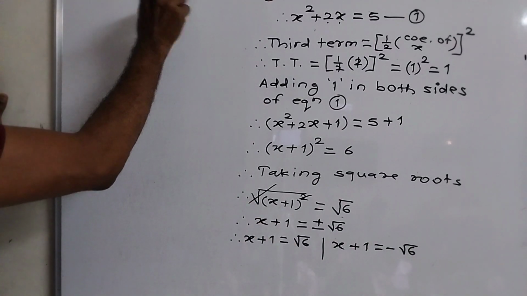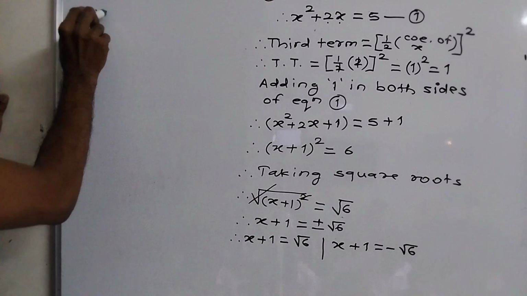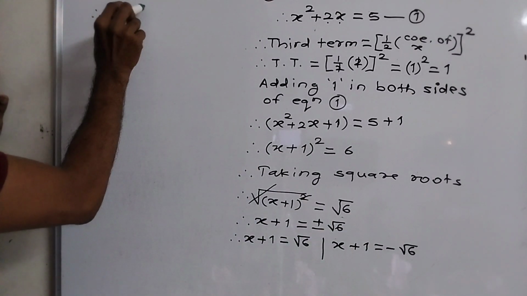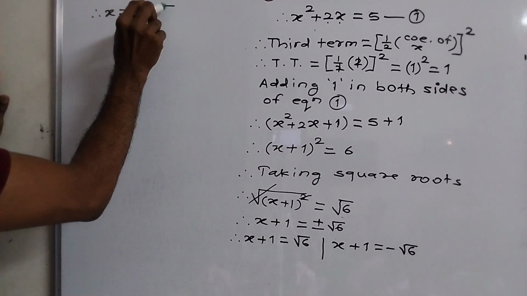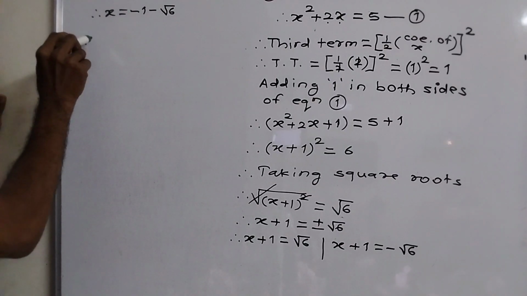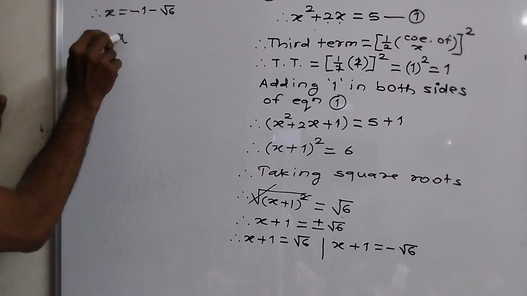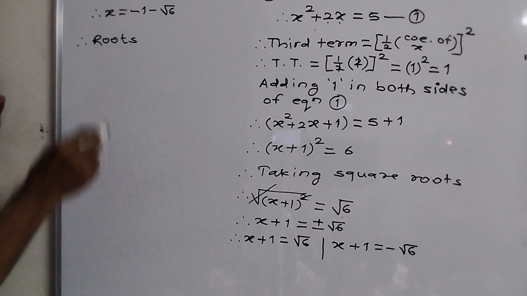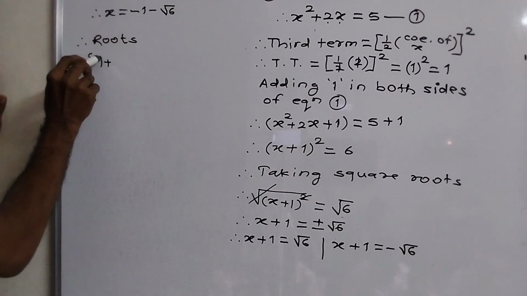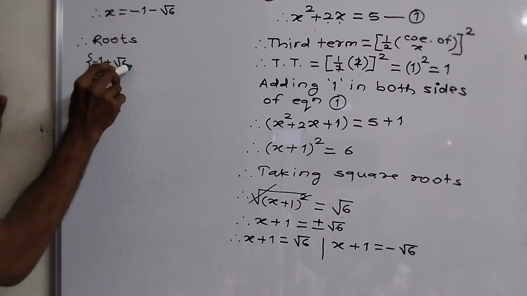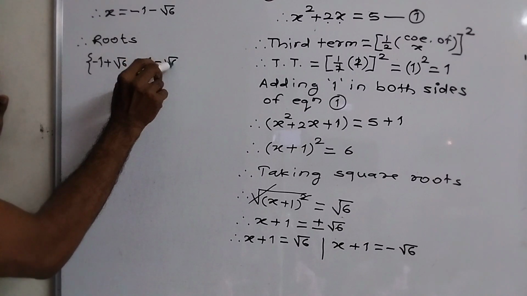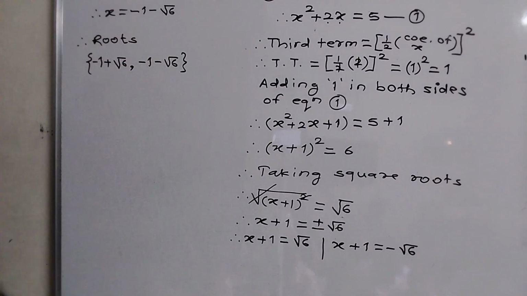Therefore, or we say, what is x is equal to, minus 1 minus square root of 6. Therefore, the roots of the given quadratic equation, which are those roots? Minus 1 plus square root of 6 and minus 1 minus square root of 6. These are our roots.